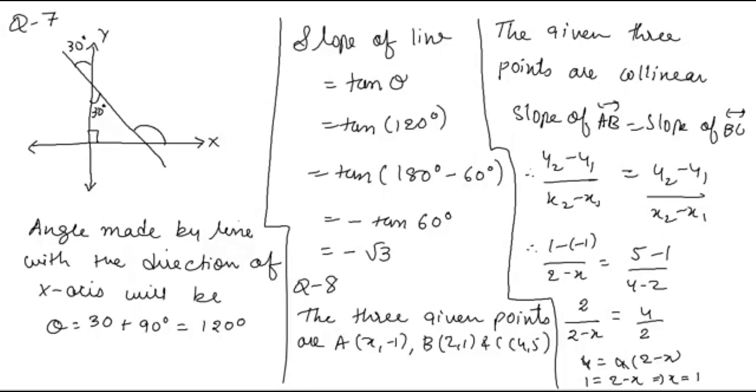Let's try to understand the ninth question: without using distance formula, show that the given vertices are the vertices of a parallelogram. So here they are telling not to use distance formula, means we are bound to apply the slope of the line.